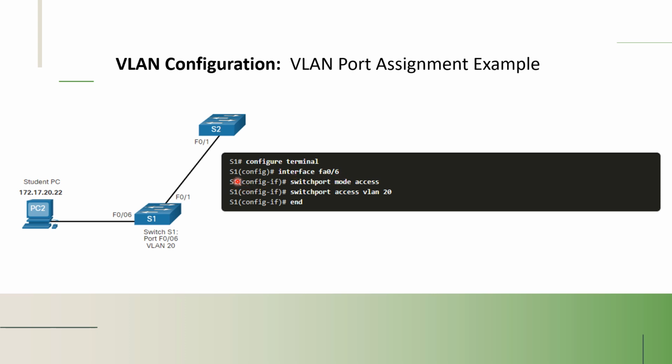And here, after we are in interface configuration mode, we will use switchport mode access, where you indicate that the port will be strictly in access mode. And then with switchport access vlan 20, you are assigning this interface to VLAN 20, where VLAN 20 was the VLAN for the students.